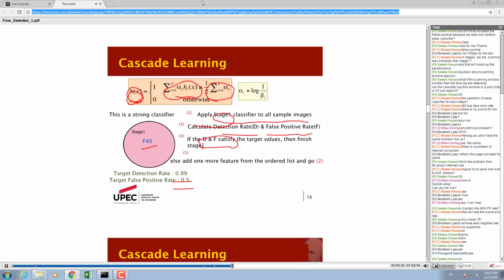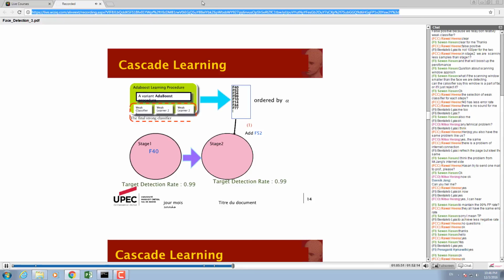For now, let's just assume F40 was enough for 99% detection rate and 50% false positive rate. Then we can just stop here. Stage 1 is now constructed. Then let's go to stage 2.